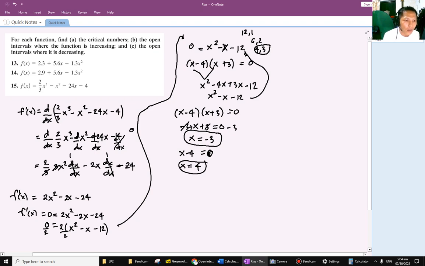Again, you can do this by quadratic equation. Probably I can put the quadratic equation here.